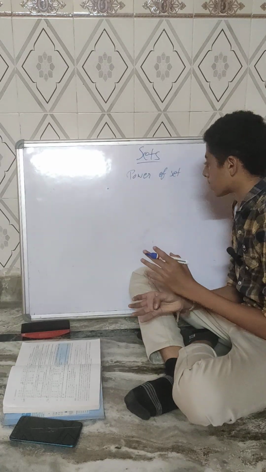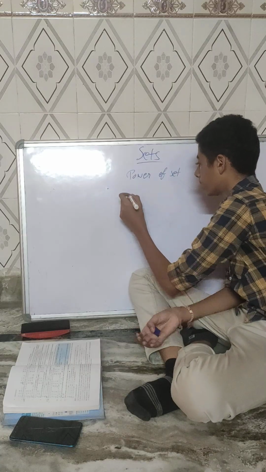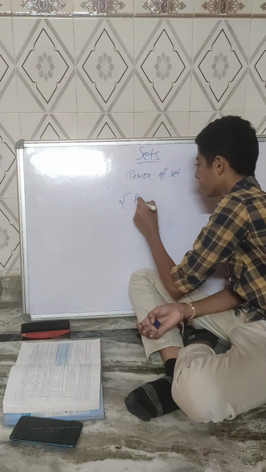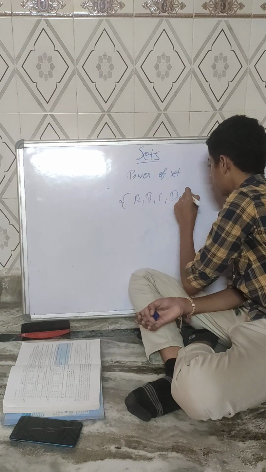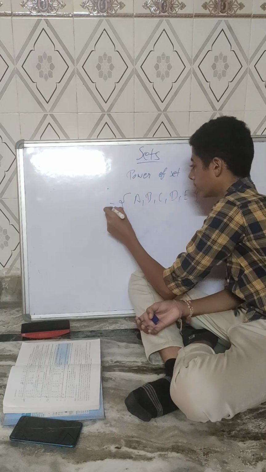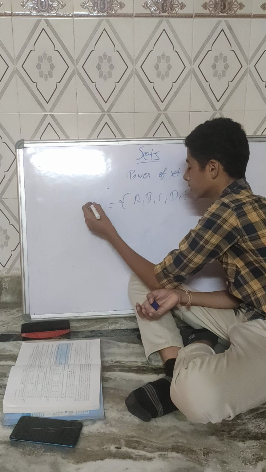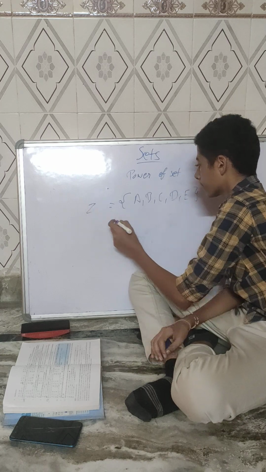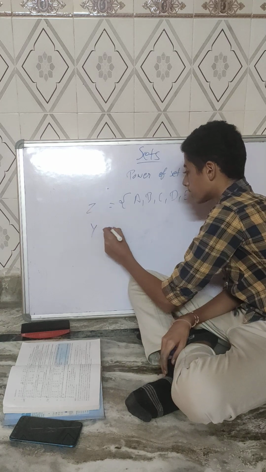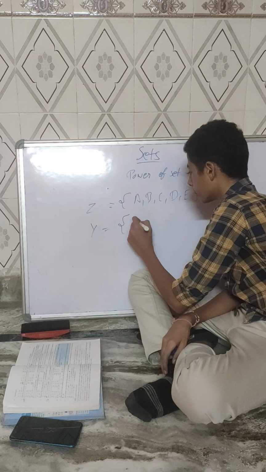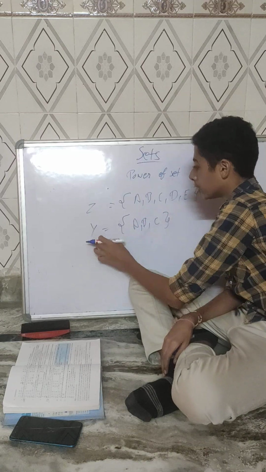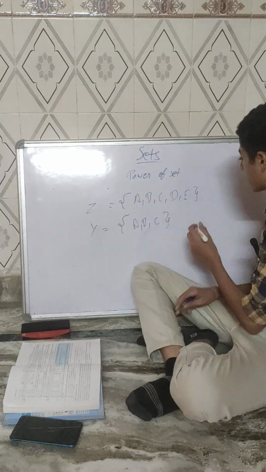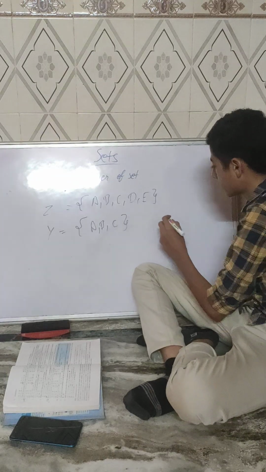So what was a subset? A subset was a part of a set like A, B, C, D, E, and we'll name this set Z. If there is a set Y which has A, B, C, we can say that Y is a subset of Z, and we use this sign for subset.